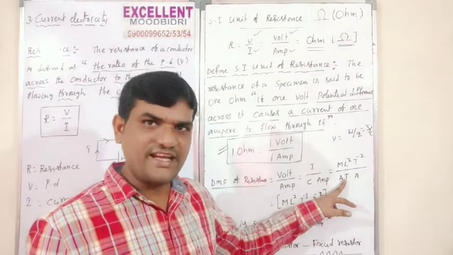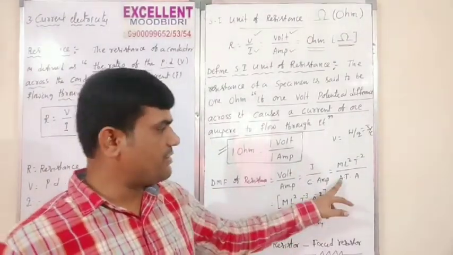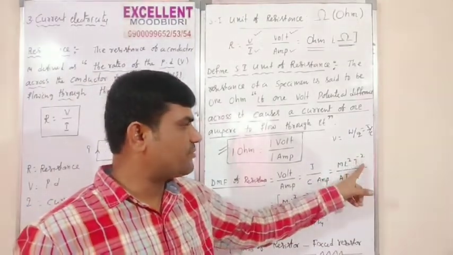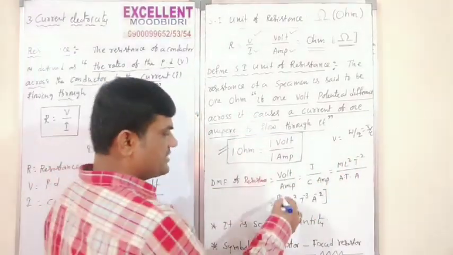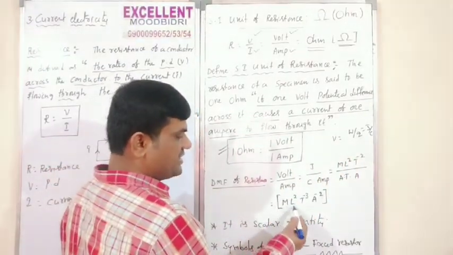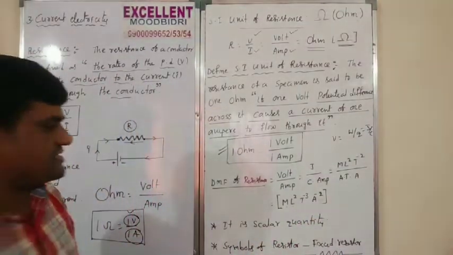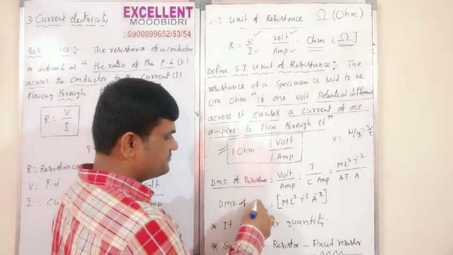Ampere into second, AT into ampere, therefore ampere square. So T goes to the denominator. T power minus 2 minus 1 gives minus 3. Therefore, finally, the dimensional formula is M L square T power minus 3 A power minus 2. This is the dimensional formula of R.